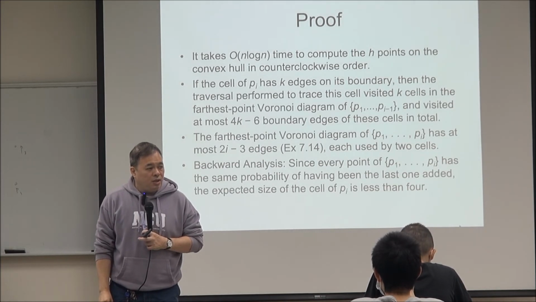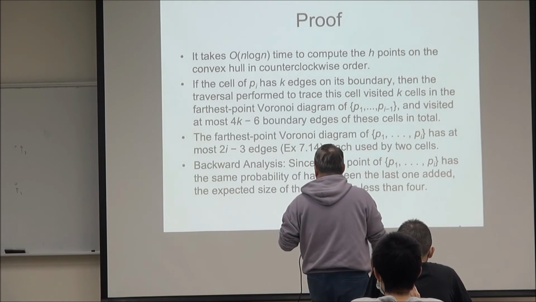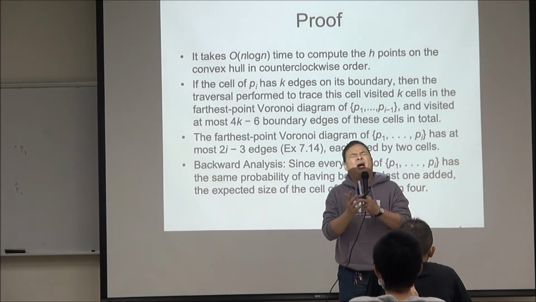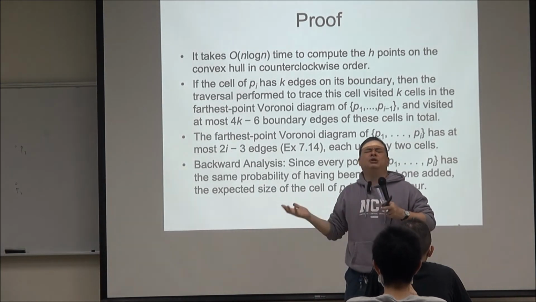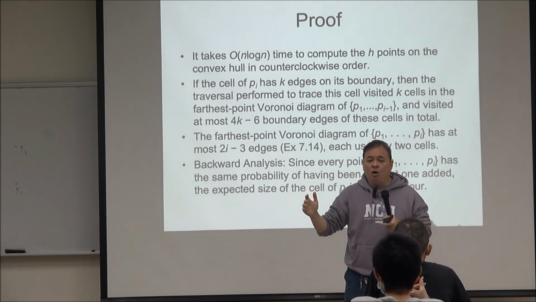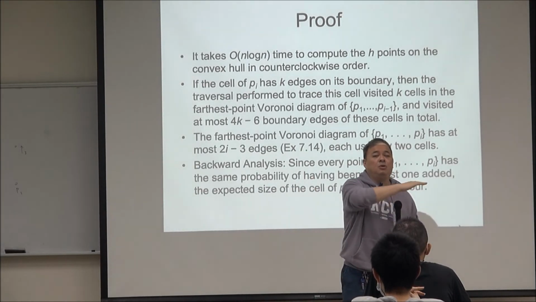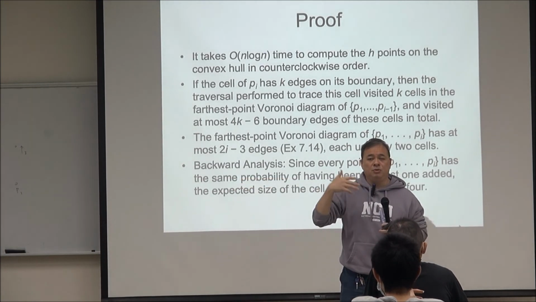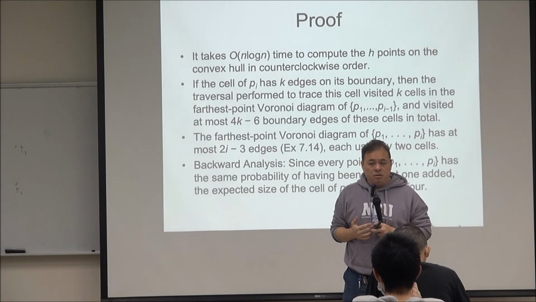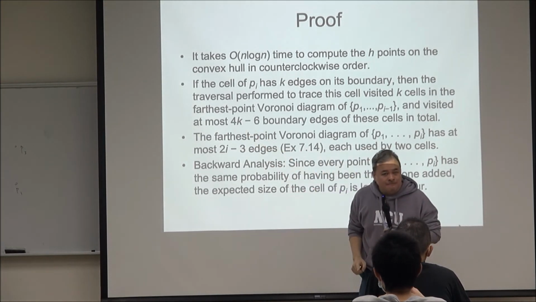So we can consider that these many boundaries will be shared by these k sites. And they will be shared equally because we are doing this algorithm in randomized order. So we will divide 4k minus 6 by k.